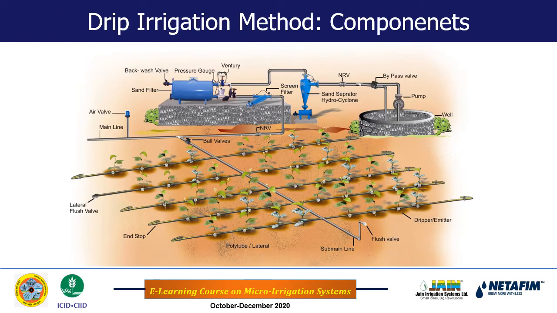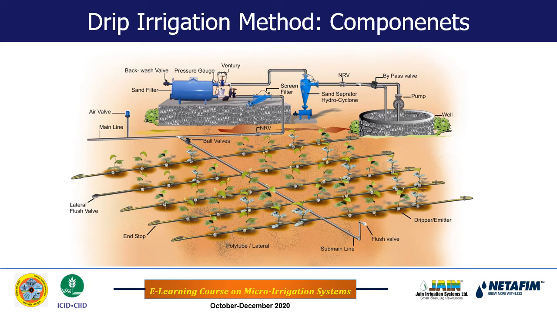Having seen the benefits, advantages, and at the same time the limitations of the drip irrigation method, now it is important for us to know what the different components of the drip irrigation method are in order to achieve all these benefits.